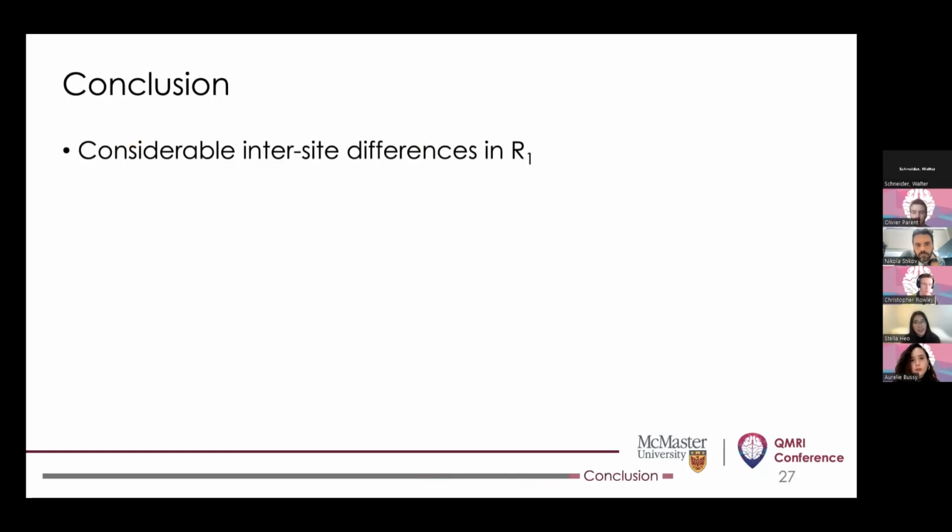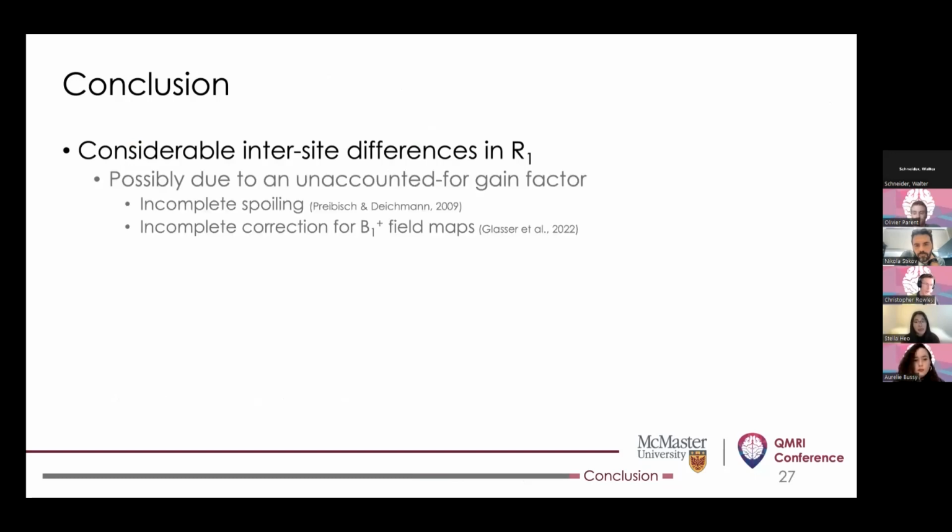So overall, we saw considerable intersite R1 variability that remains even after accounting for different sequences that were used at sites and B1 plus field inhomogeneities. And this may be due to different intensity scalings being applied to the images, but of course there are many other possible factors that could be at play here.